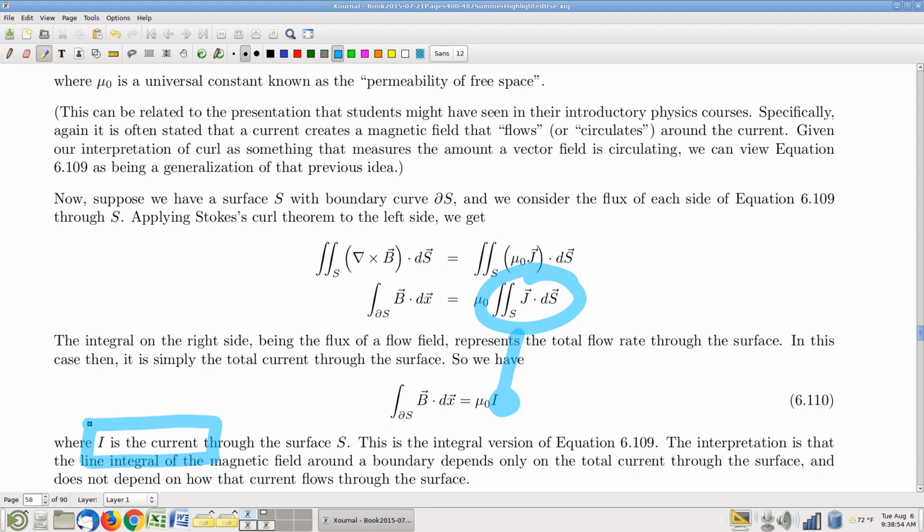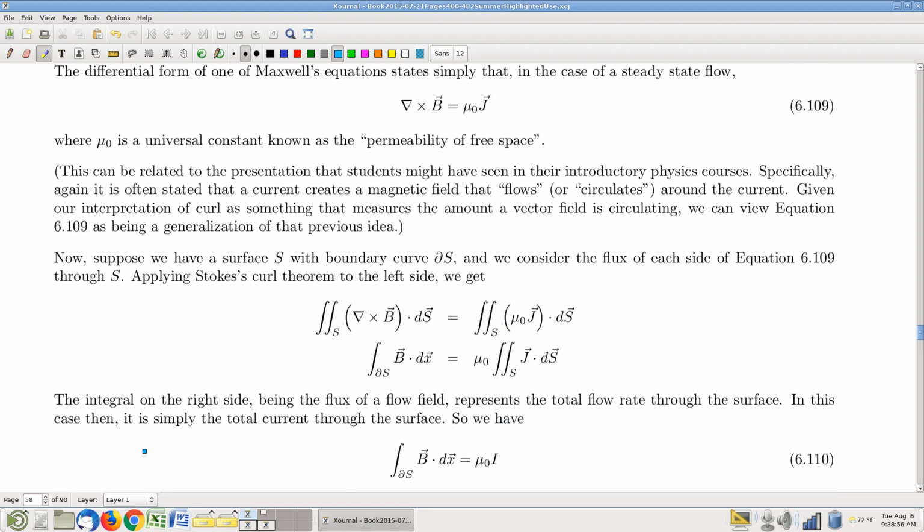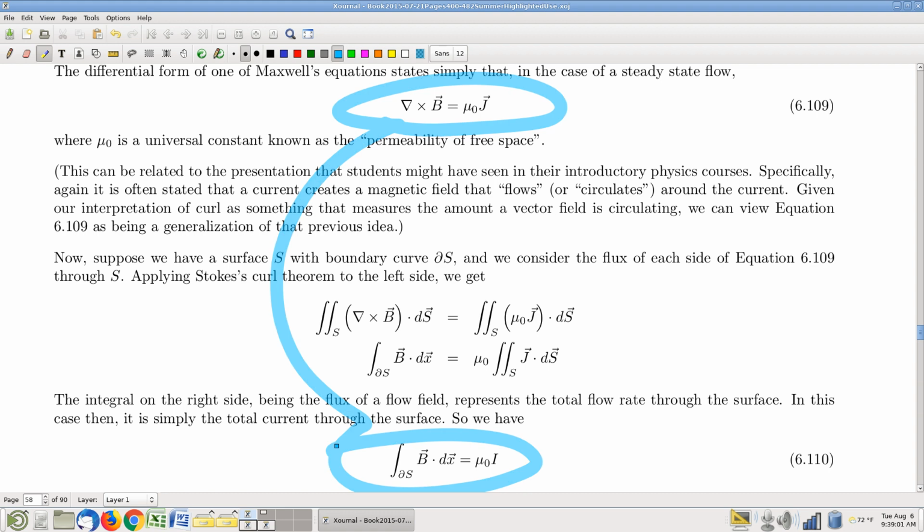So this is that other version then. We have here now the two versions of one of Maxwell's equations. Again, I'm going to call this one equation because they're basically the same thing. They're connected so quickly. The connection between these theorems is Stokes' curl theorem. So it immediately connects these equations.